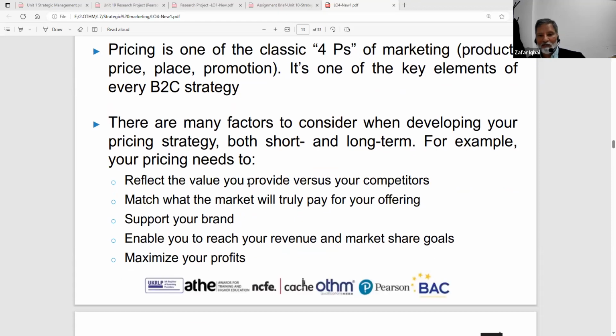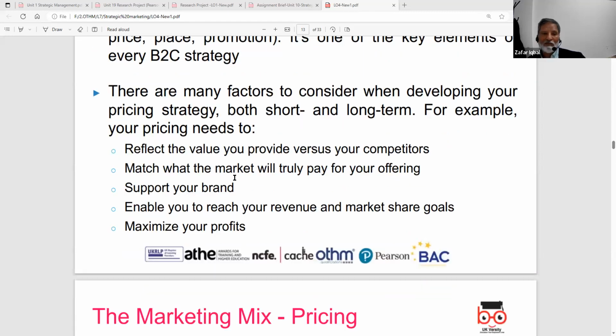Okay, so price is very important because it provides a value against some other products, some other competitors. It should provide some kind of value to the product. And the price must also match what the market will pay for.